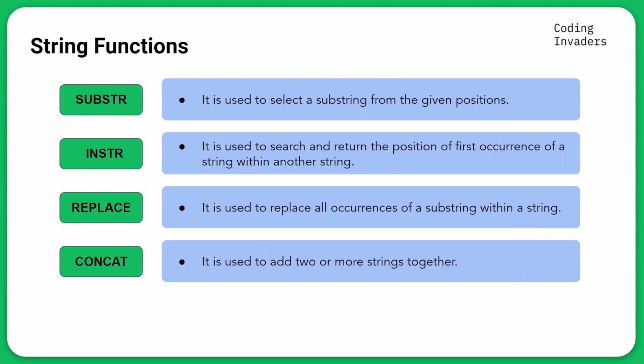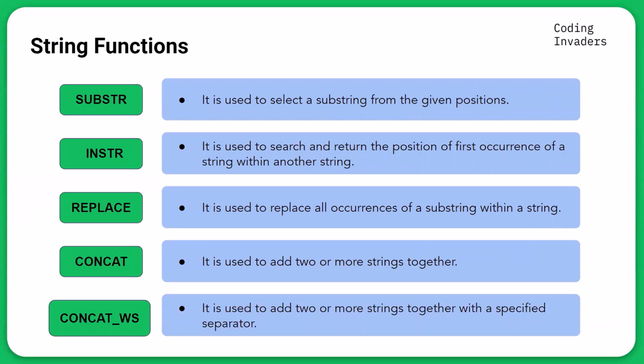Concat, it is used to add 2 or more strings together. Concat_ws, that is with separator, it is used to add strings together just with a specified separator. Great. In the next lesson, we will continue with other string functions like lower, upper and coalesce. So stay tuned. Thank you.